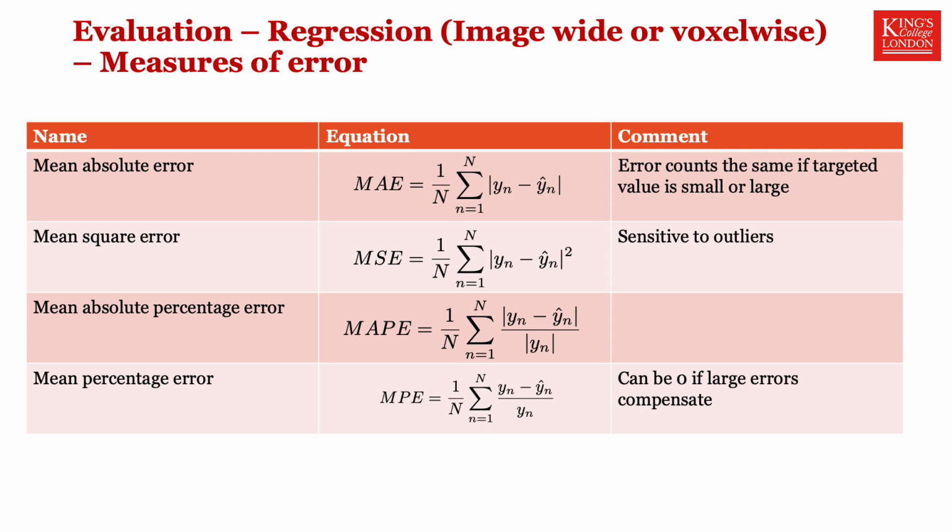The problem is that on all of those, there are some specific things that happen. The mean square error, for instance, is very sensitive to outliers. So if you have very large differences, then suddenly it will massively increase what the cost is, basically.